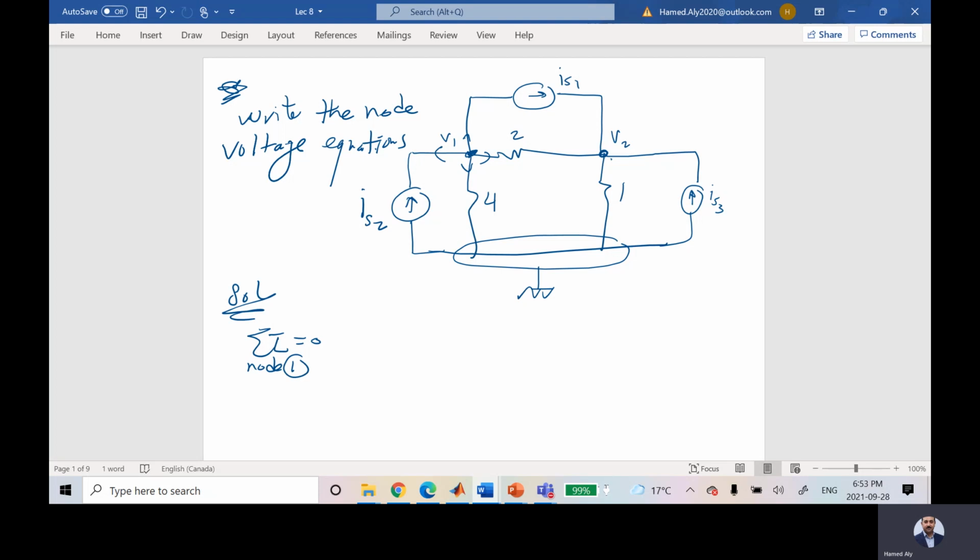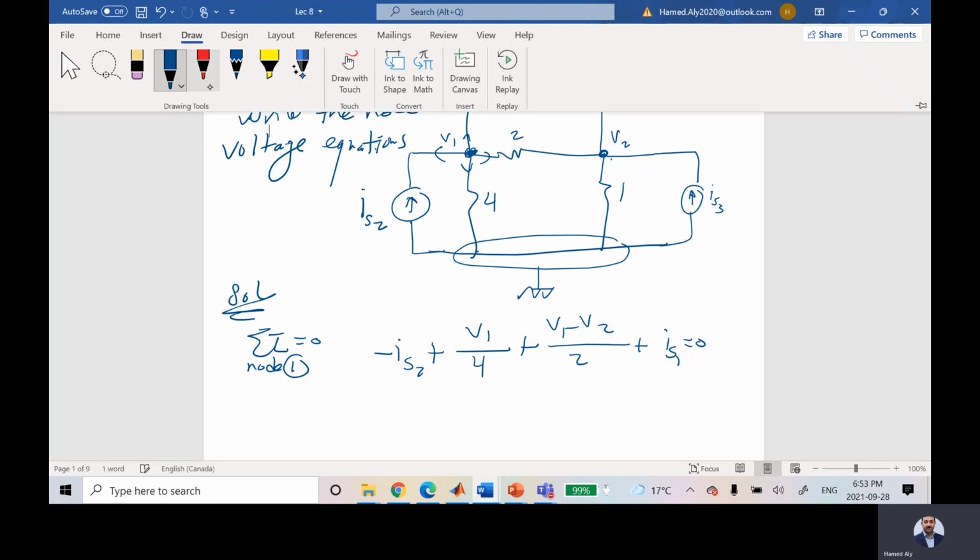So I can say that (V1 minus V2) over 2 plus V1 over 4 minus IS2 plus IS1 is equal to 0. So if you try to write that, I'll say minus IS2 plus V1 over 4 plus (V1 minus V2) divided by 2 plus IS1 is equal to 0.